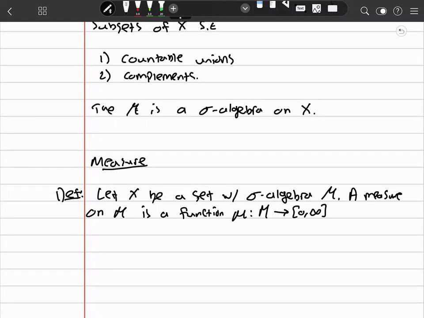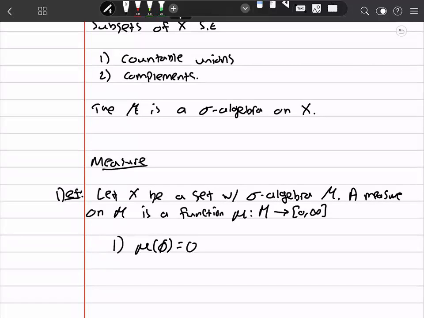There are other things called signed measures that can take on negative values as well, which we will get to later. But mu has to satisfy a few properties. The first property is that mu of the empty set is equal to 0.